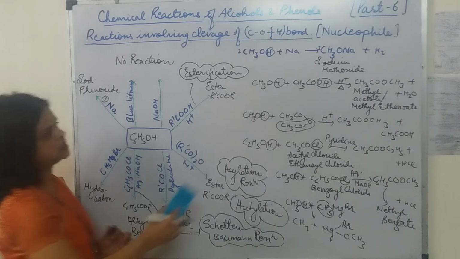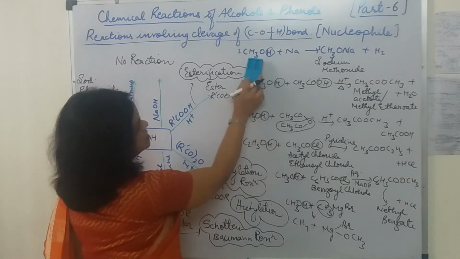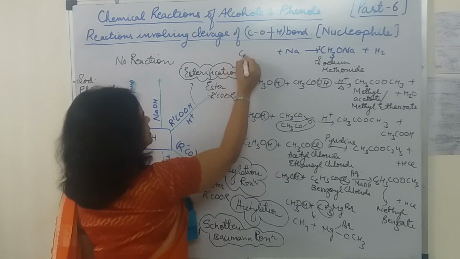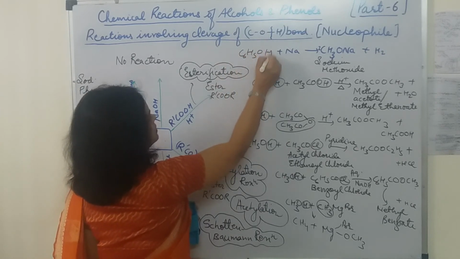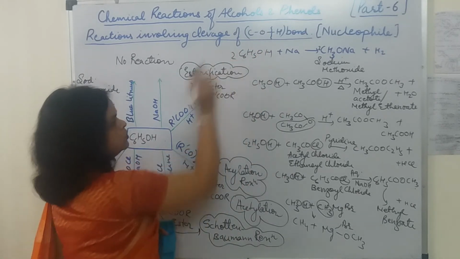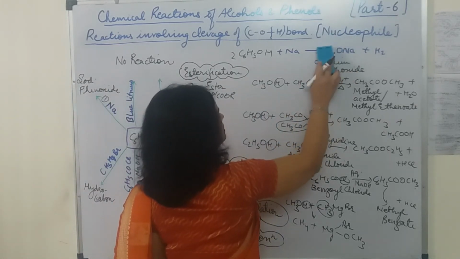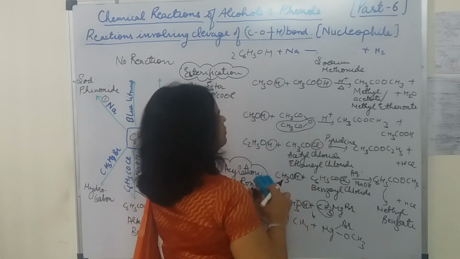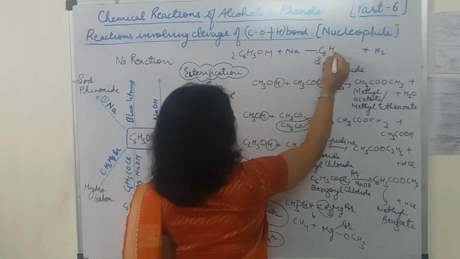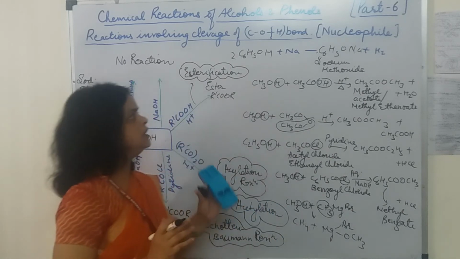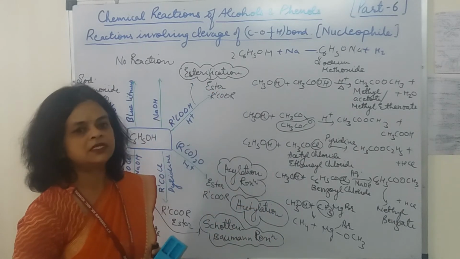Okay, how you will change the reaction here? In place of CH3OH what you are going to write? C6H5OH. Okay, and here 2 moles we have to take, and here we will get C6H5ONa. So the same pattern of the reaction will be there. Simply you have to write down, instead of R you have to write down C6H5.